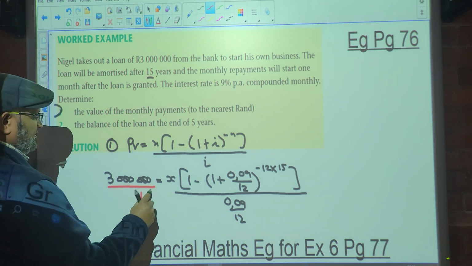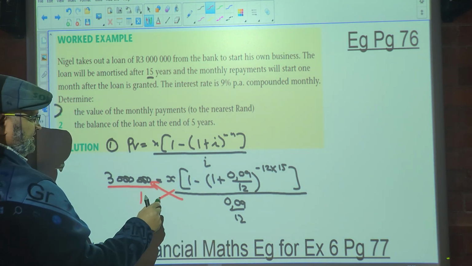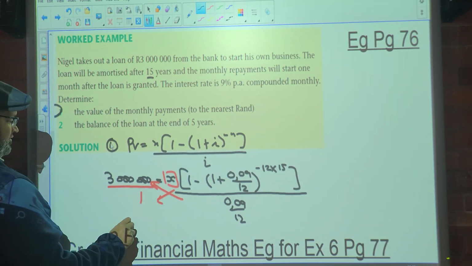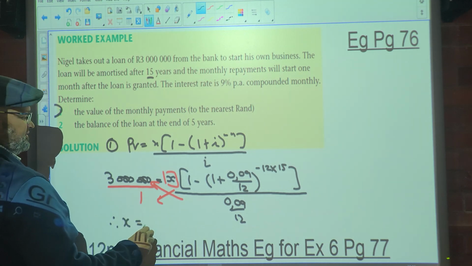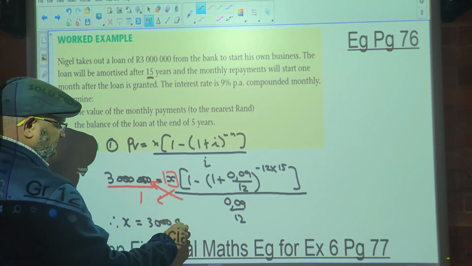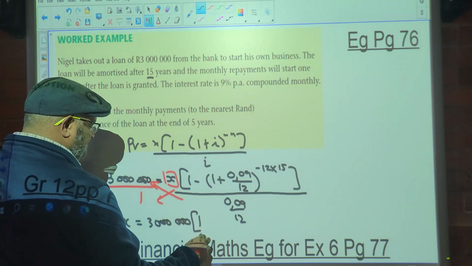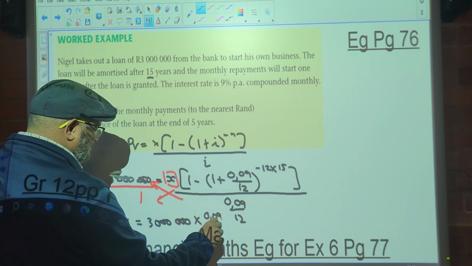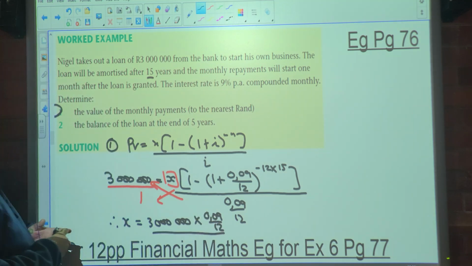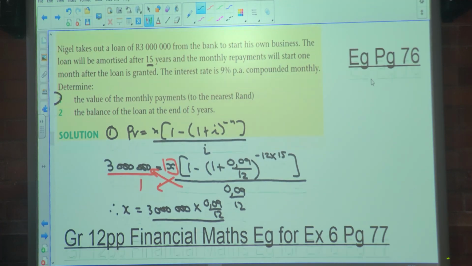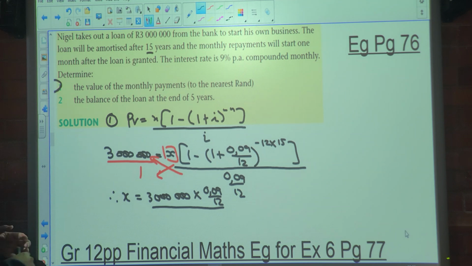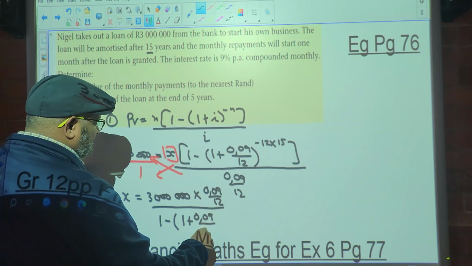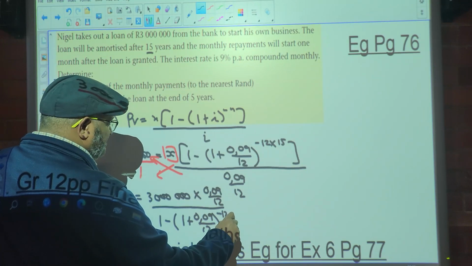We know that's naturally over 1, so we cross multiply, or we bring that up and that down so that x can stand on its own. Therefore x is equal to 3 million multiplied by 0.09 over 12, all over 1 minus (1 plus 0.09 over 12) to the exponent negative 12 times 15.